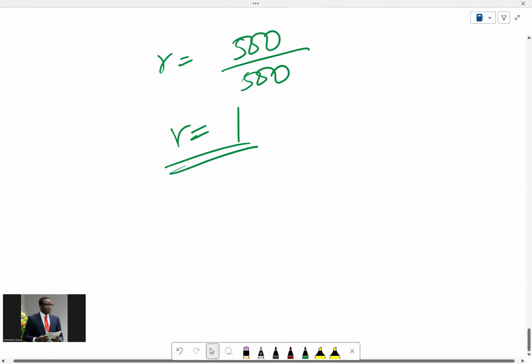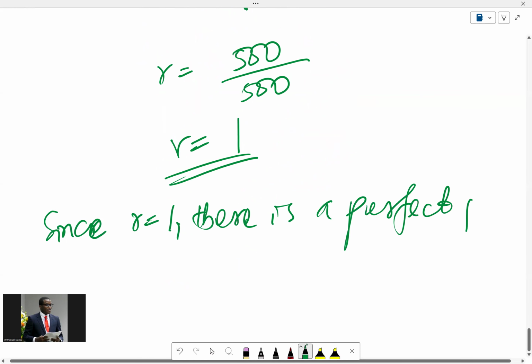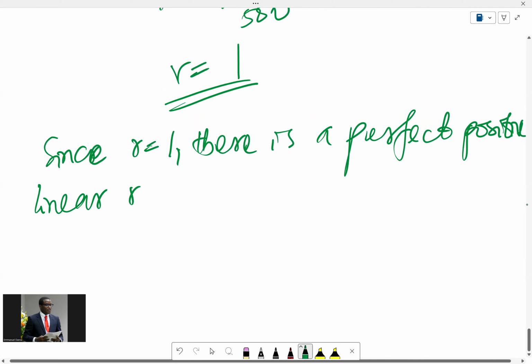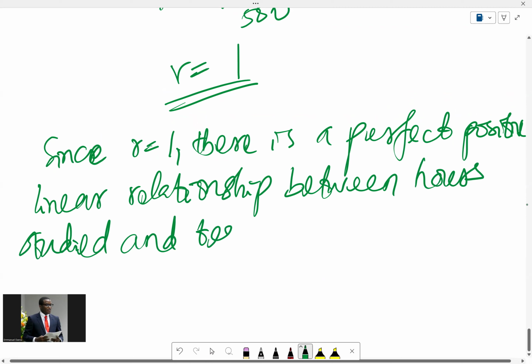That's perfect correlation. So since r is equal to 1, there is a perfect positive linear relationship between hours studied and test scores.